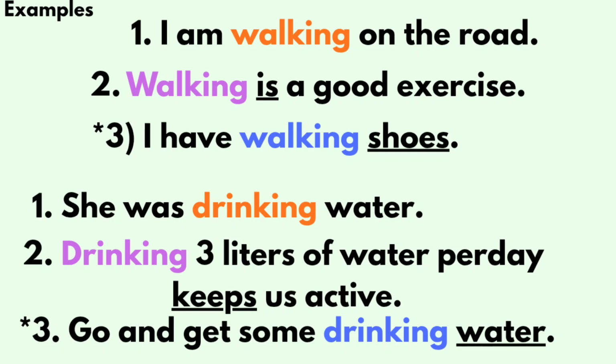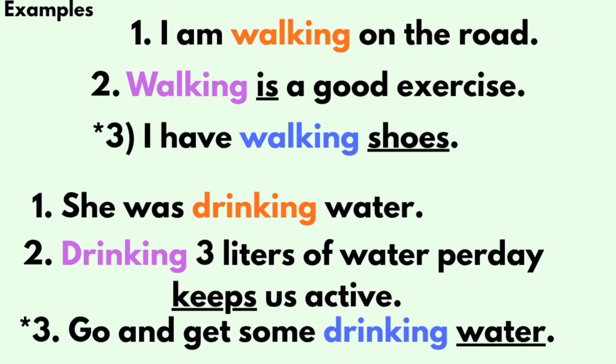I have walking shoes. In the first sentence, walking is the verb, and it is in present continuous tense. So it is an ongoing action. I already told you in the definition, we use be forms before present participles. That's how they become verbs, right?